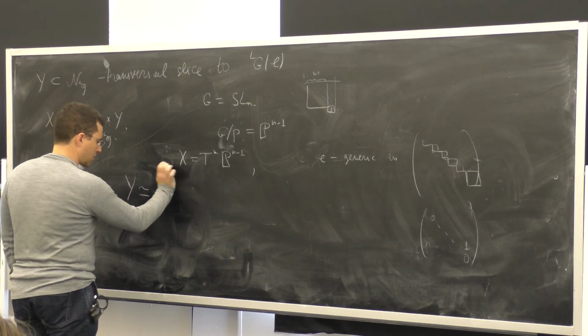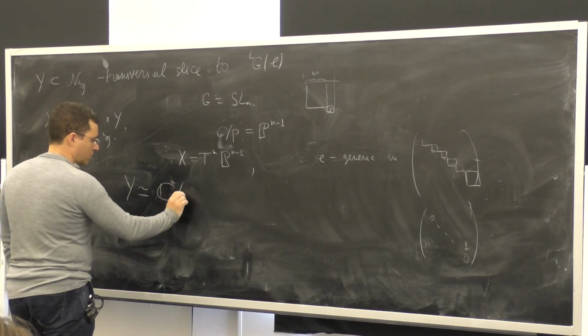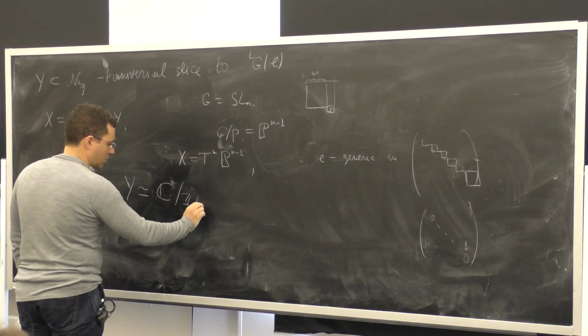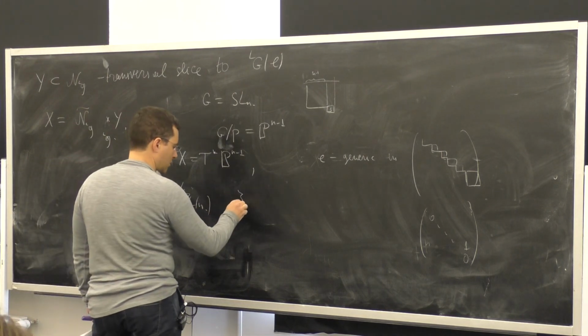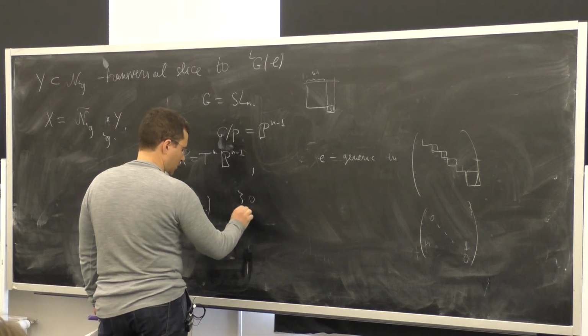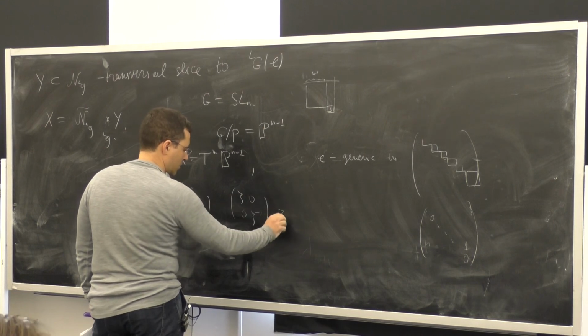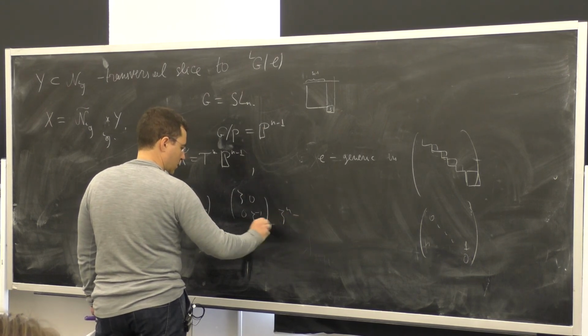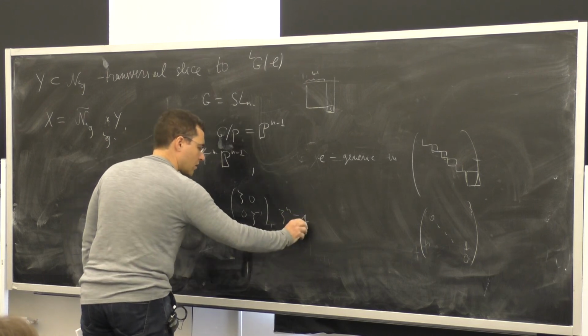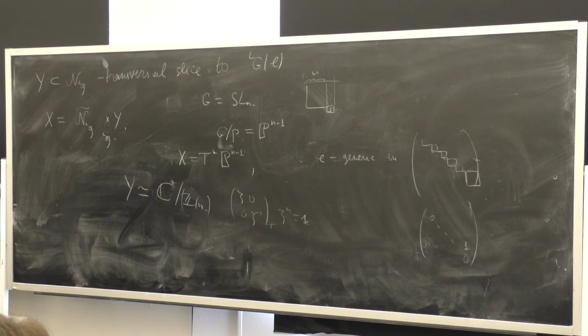It's a plane, like C2 mod Z mod n, acting by generator X by this root of unity, and X to Y. I mean, so it's a resolution where over 0 we have this flag of lines. So there are n minus 1 lines.